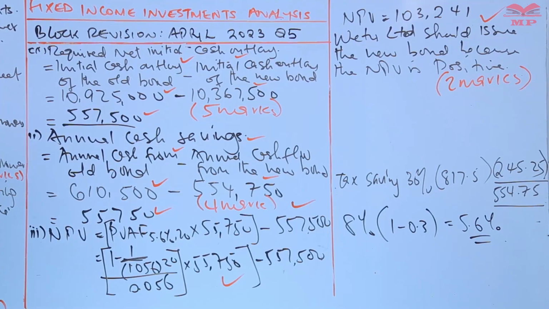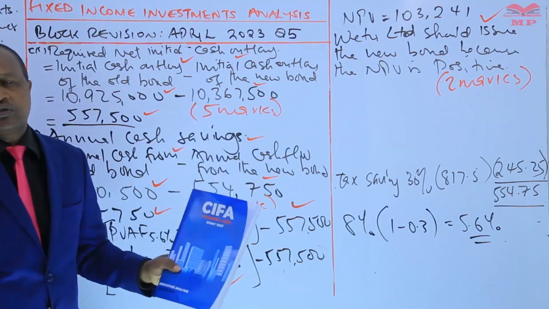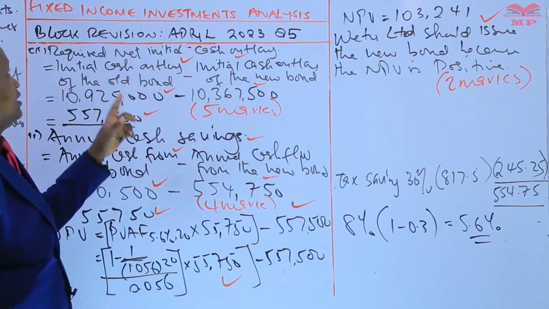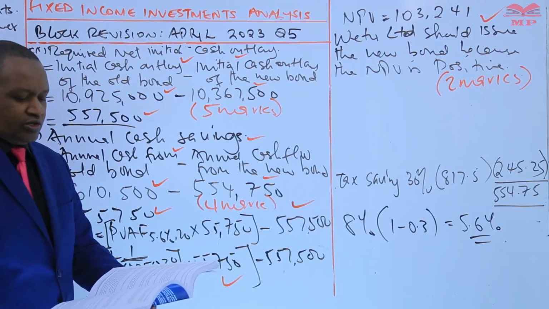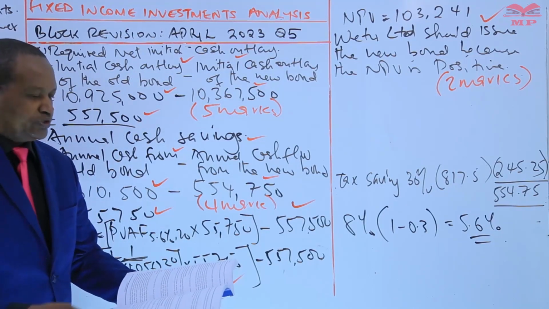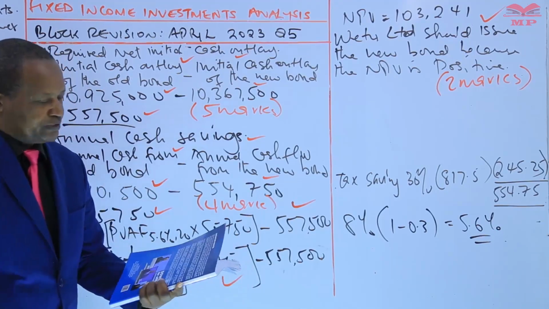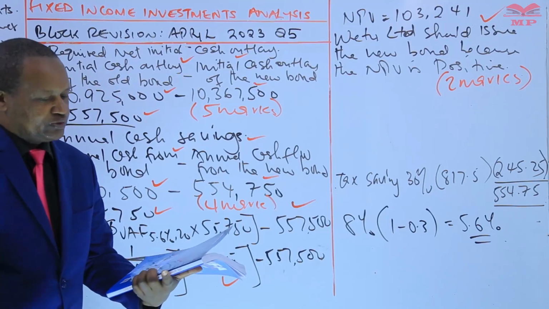If you may need other resources, we have done the notes. If you are having challenges understanding some of these concepts, we have another book, a study text for fixed income investment analysis. We have covered each and every aspect of the topic. We have examples, illustrations on each concept. We have clear explanations.